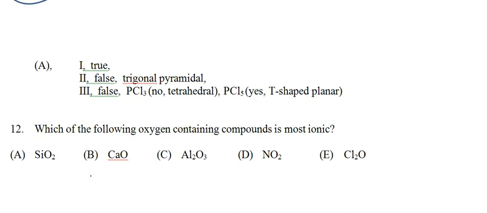All right, number 12. Which of the following oxygen-containing compounds is most ionic? When we talk about most ionic, we want to look at distance apart from each other. Or if we're looking at two that might be like, here I notice I'm looking right at calcium oxide, which is looking like a real good choice here.